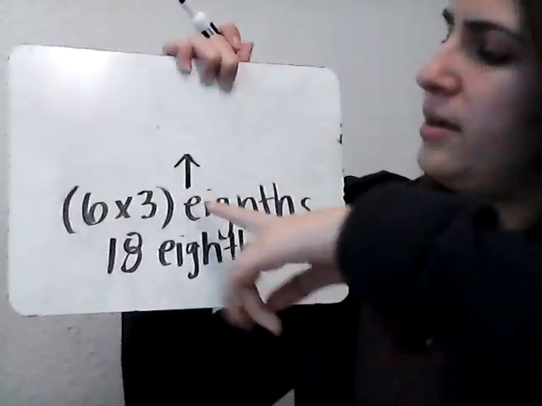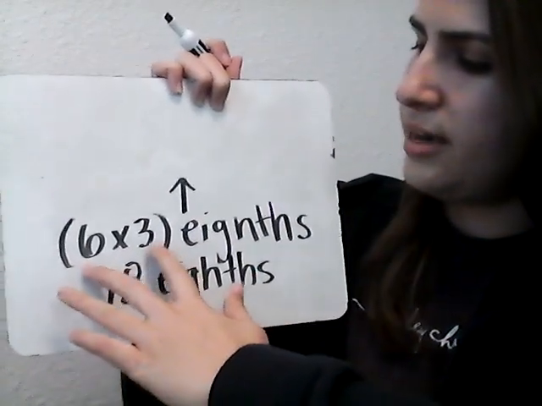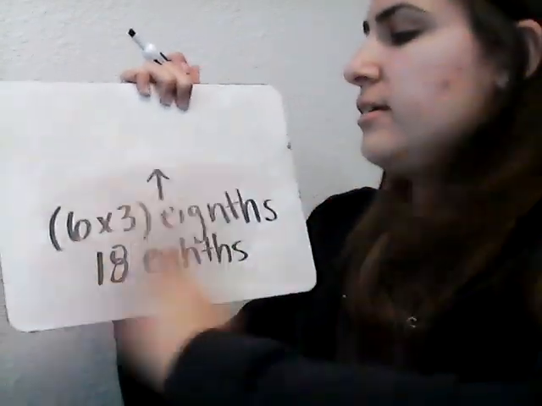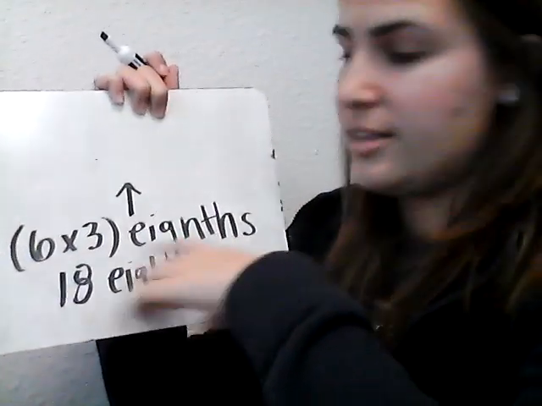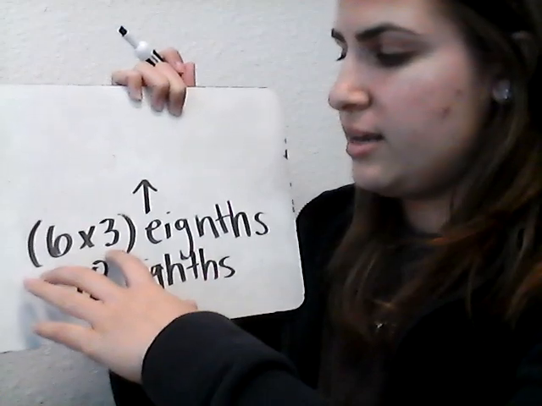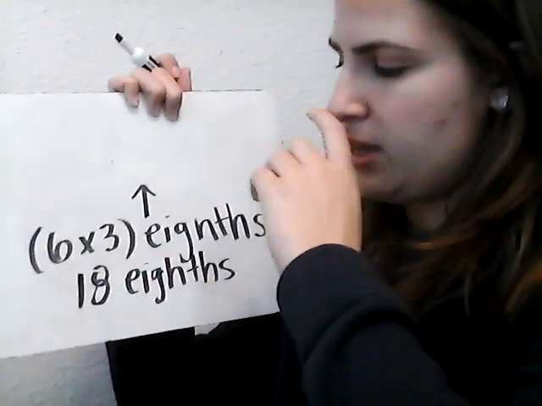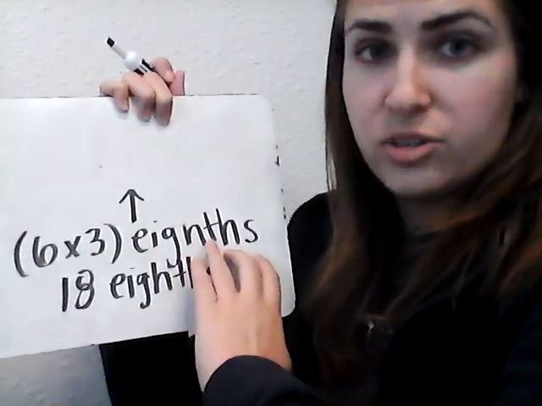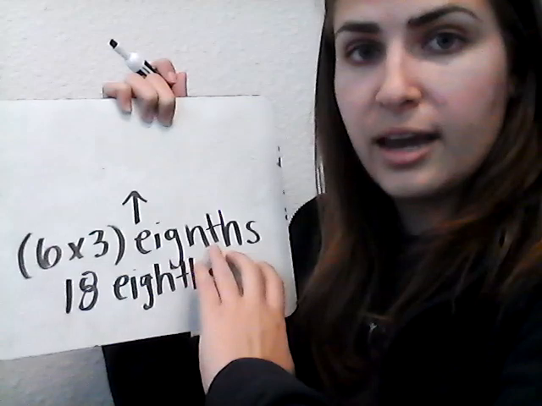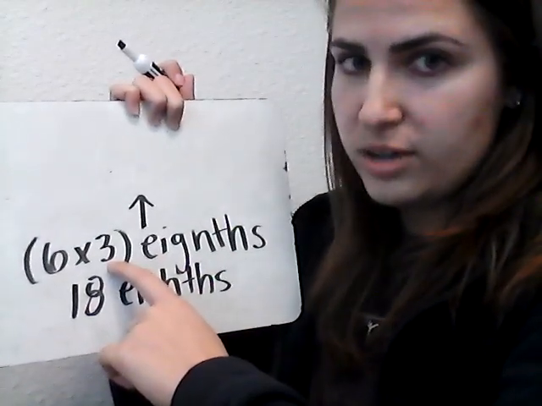So if we're going to rewrite this in unit form, we know that the 6 times 3 is grouped together. And then our units are going to stay the same. This is actually really important because we're doing 6 copies of 3/8. We know that the eighths is not changing. The unit is staying the same, but the amount of eighths that we have is what's changing.